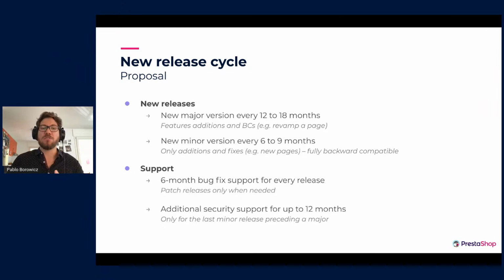And we are committed to following this good practice of issuing a major version when we are changing something. And then a new minor version every 6 to 9 months with only features additions which are backward compatible, like new pages, for example, and fixes. But we want to commit into doing minor versions which are fully backward compatible.